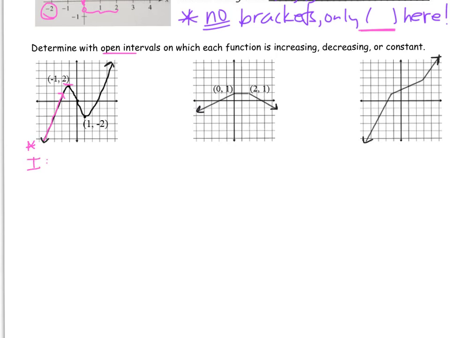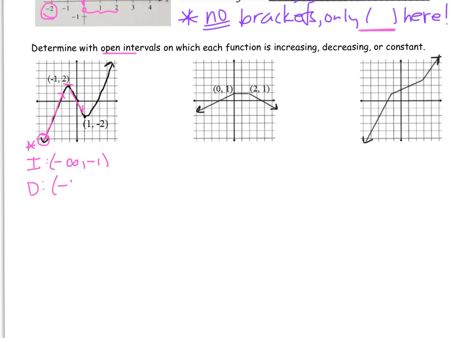It's increasing. Since there's that arrow on that left-hand side, we're going from negative infinity on the left until we get to -1 on the x-axis. That's when the graph increases. And then notice it changes direction from -1 on the x-axis all the way to +1 on the x-axis. It's decreasing.